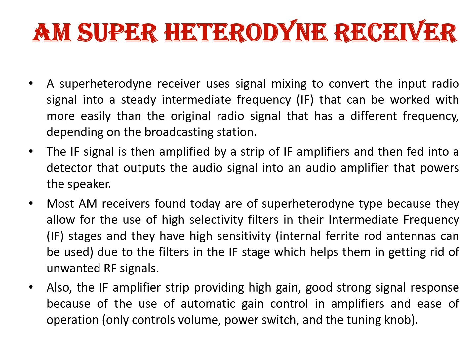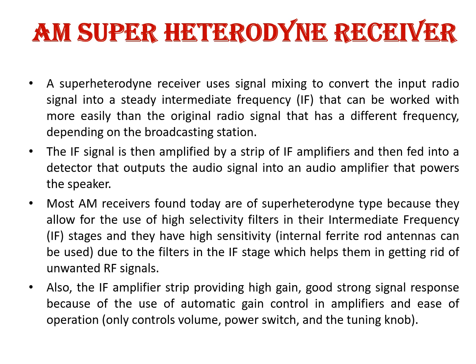Most of the AM receivers found today are super heterodyne because they allow the use of high selectivity filters in their intermediate frequency IF stages, and they have higher sensitivity, based on the structure of the antenna, that is, a ferrite rod antenna can be used.